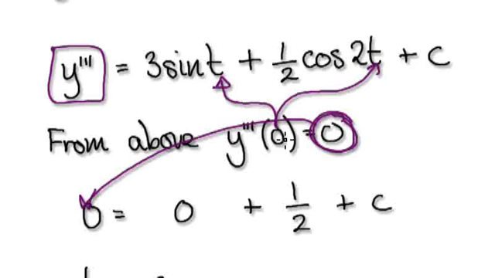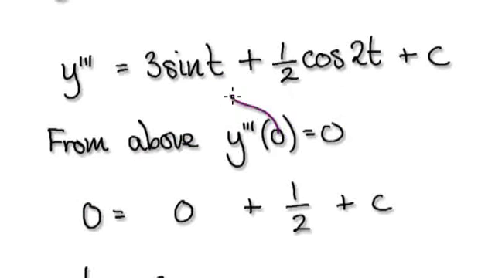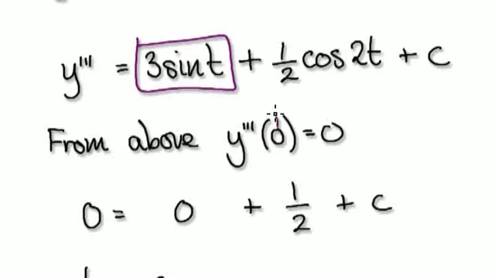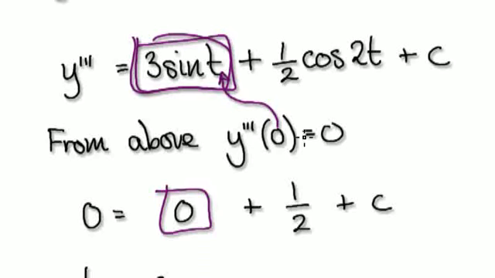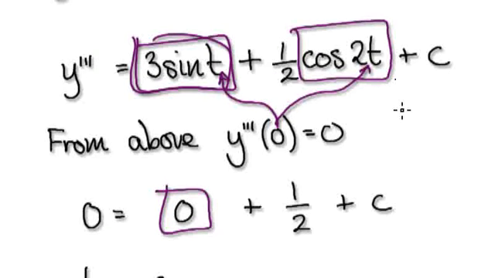And then if you put 0 into here, sine of 0 will be 0, times 3 would be 0. So this block here, if you put 0 into the t, will be 0. If you put 0 into here, then this block will be 1, 1 times a half.